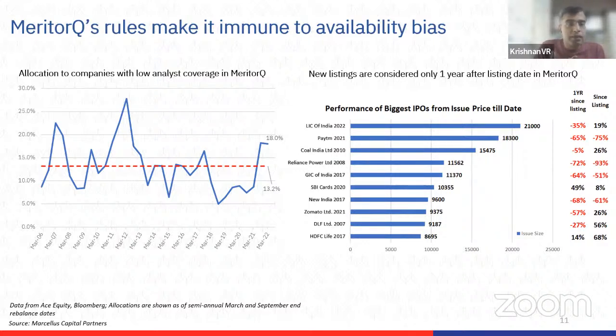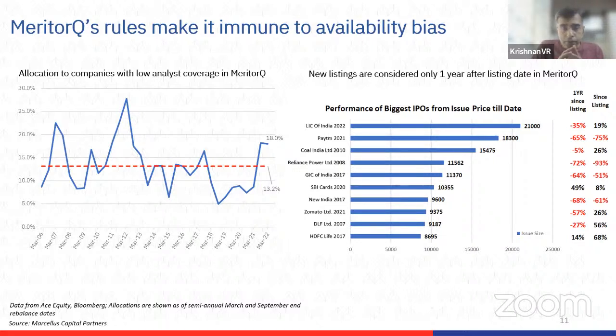Another example is the tiles and faucet maker Cera Sanitaryware. Again, this entered our model portfolio back in 2014 when there was relatively little sell side analyst coverage. So this again highlights the benefit of the rules based strategy we are following in MeritorQ, where lesser known and relatively unknown companies can make it into the portfolio if they deserve to be there, and to the extent they have cleared all our filtering and selection steps.